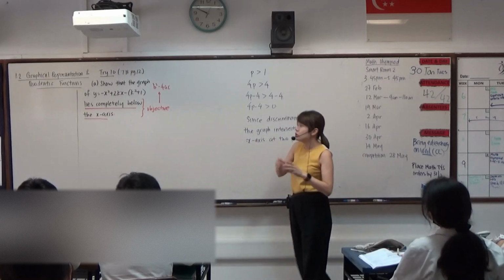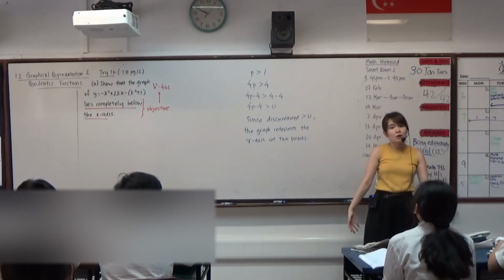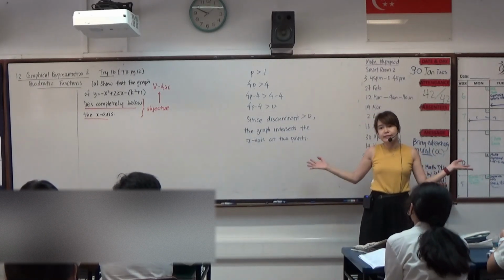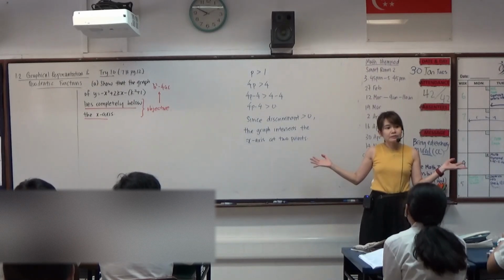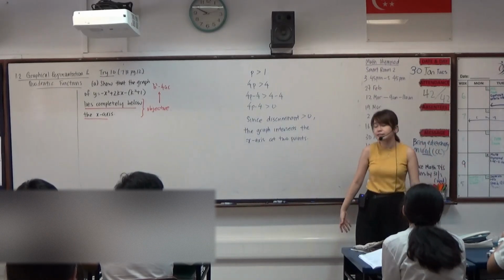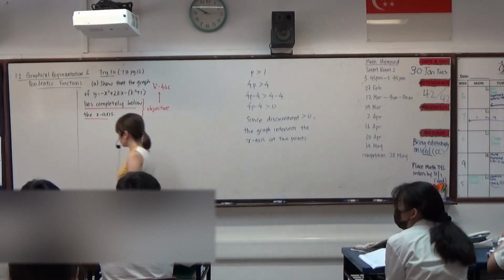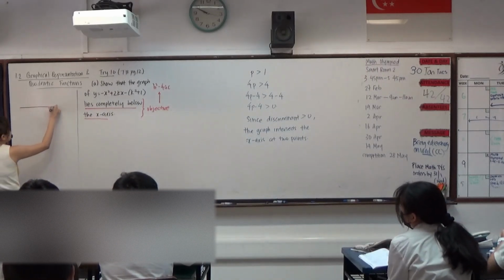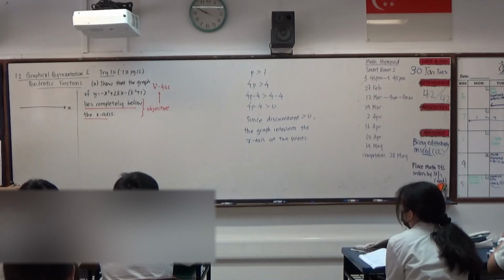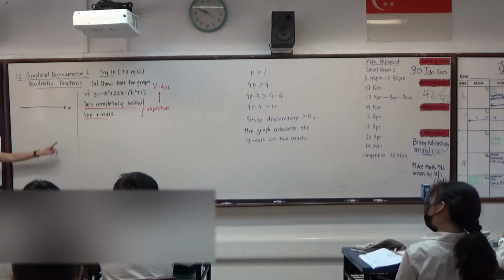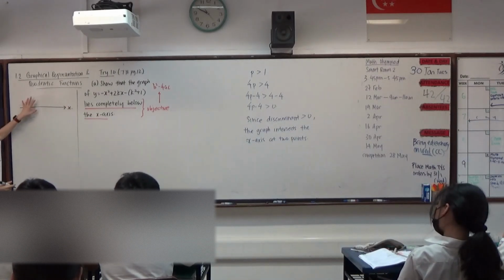First of all, do we agree that when it is completely below the x-axis, that means there is no x-intercept? Completely below the x-axis means it doesn't touch the x-axis at all. So the x-axis is here. Being completely below, it means that there is no intersection with the x-axis.